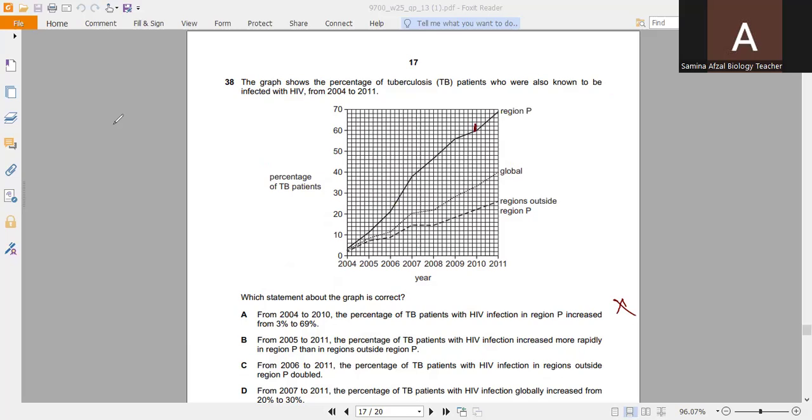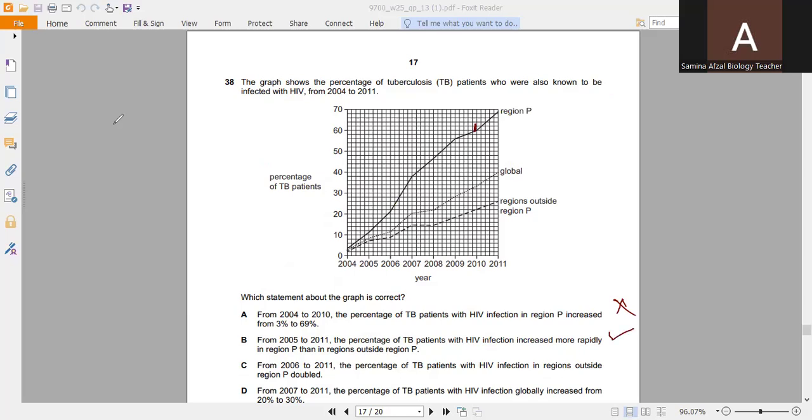Then the second statement: from 2005 to 2011, the percentage of TB patients with HIV infection increased more rapidly in region P than in regions outside region P. So this statement is correct.